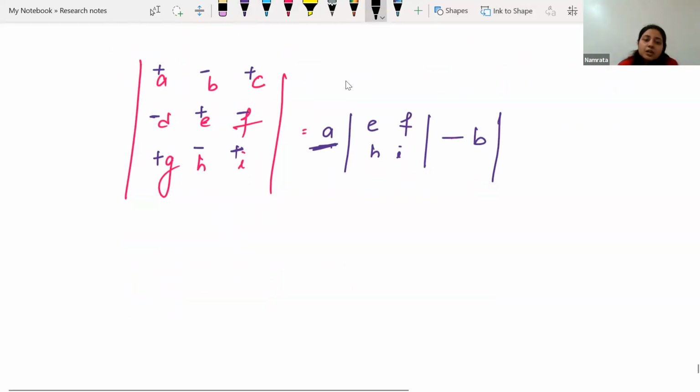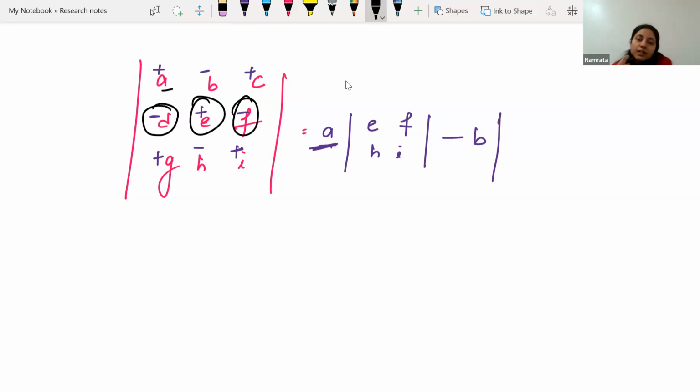You can expand it by taking the first row a b c, the first element at first, or you can also expand it by taking d e f. The process will be the same. Whatever element you are choosing, just cover that row and that column and write the remaining elements.